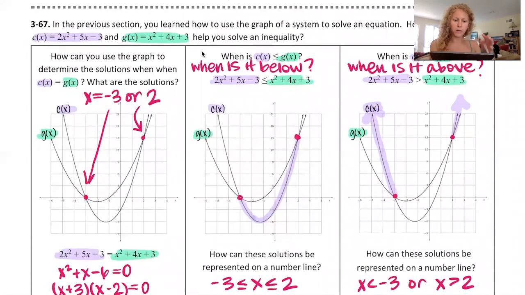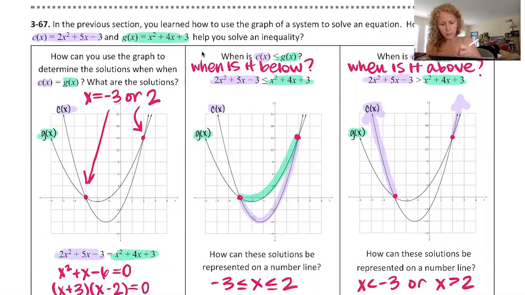If you're talking about when one function is above or below the other, then one option is to graph them both and actually look for that zone. For example, even here we can draw this: when is it true? Well, if we think about it, purple is below green in that section.